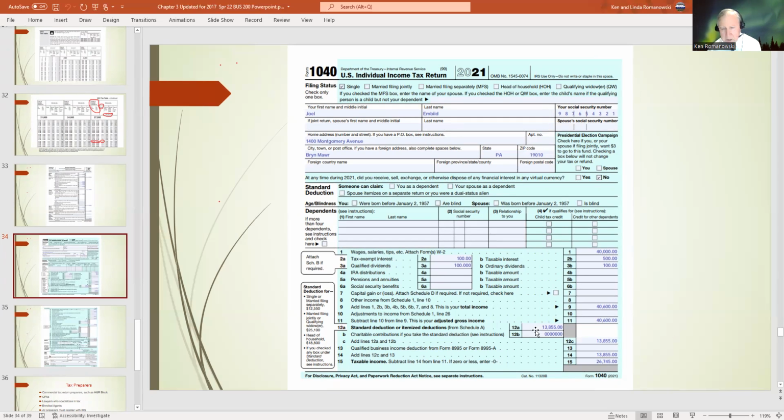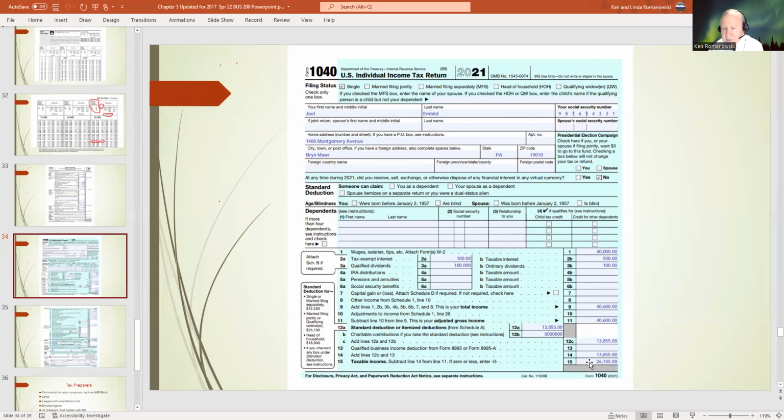It sure does. So this is now the tax return using the itemized deductions. Let's see what it does to the final taxes he's owed. He had an adjusted gross income of $40,600. He then deducts the itemized deductions of $13,855.